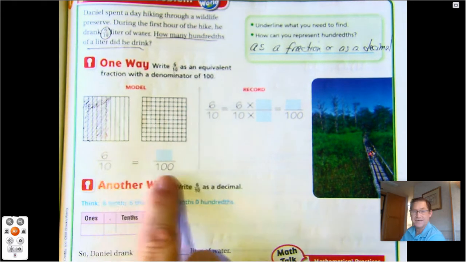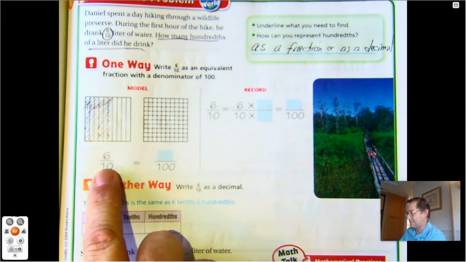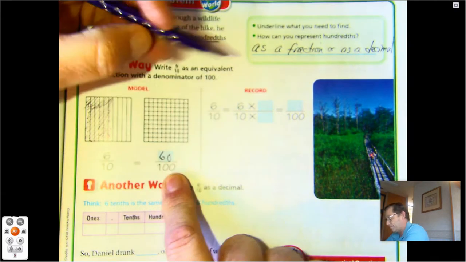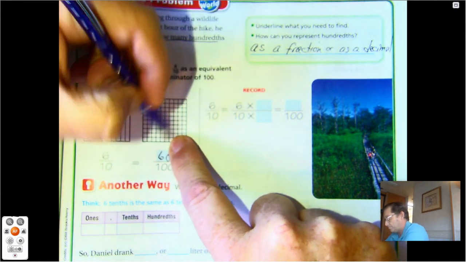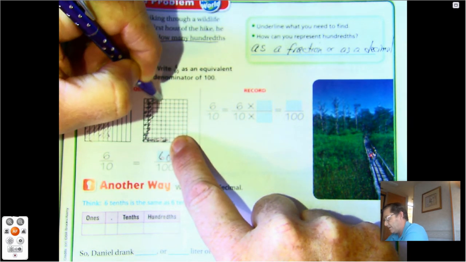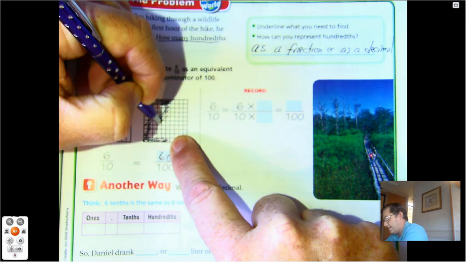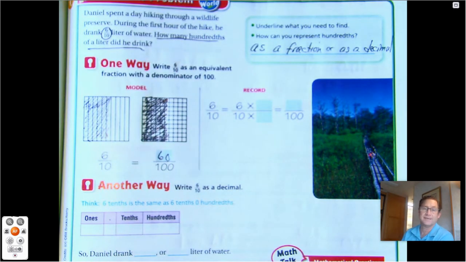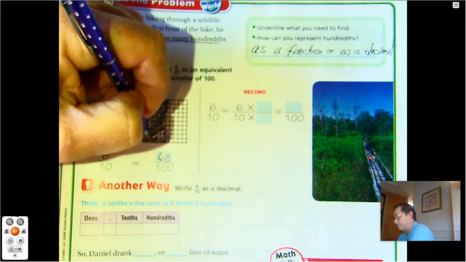So 10 times 10 is 100. 6 times 10 would be 60. Remember, there's 10 in each column of the 100 grid. So we would shade in 60 squares. Okay.